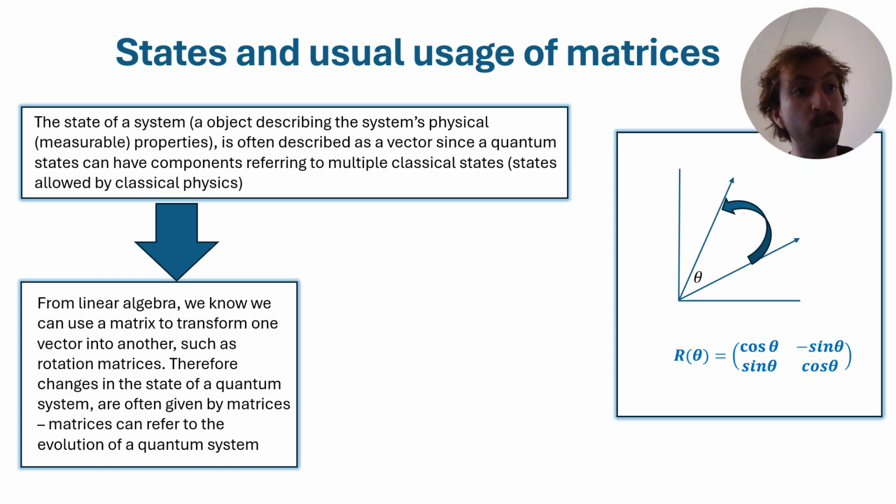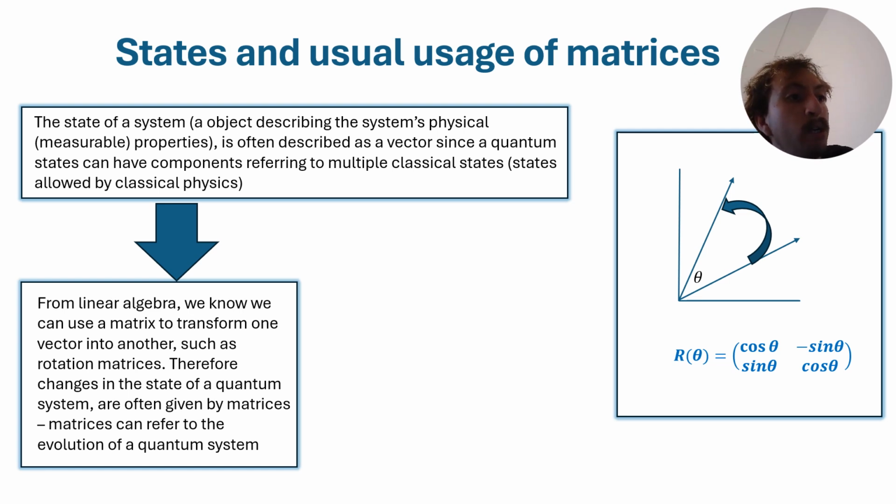For example, rotation matrices can rotate one vector into another vector, and we have a diagram in the blue box showing this, where we have a vector being rotated by an angle theta, and the rotation is caused by a matrix which I've written for a summary below, although it's not too important, but it's there for completeness. So matrices can change one vector into another.